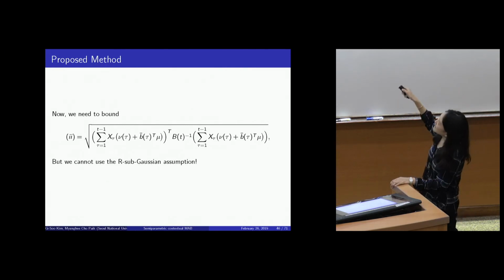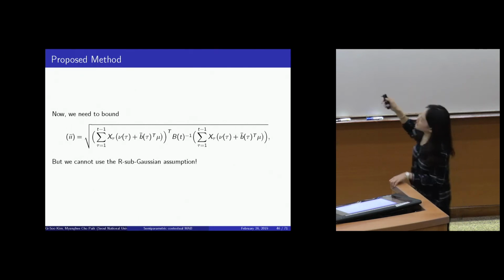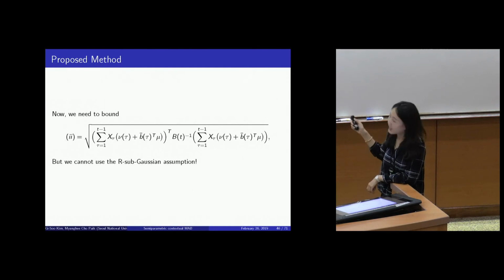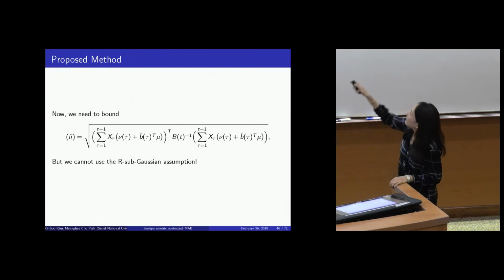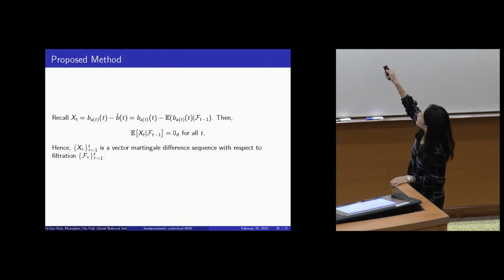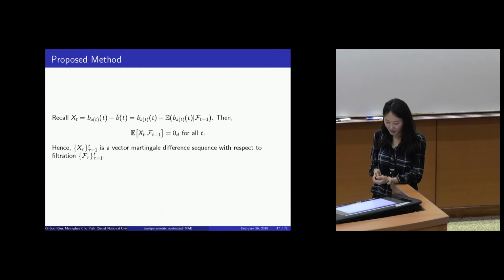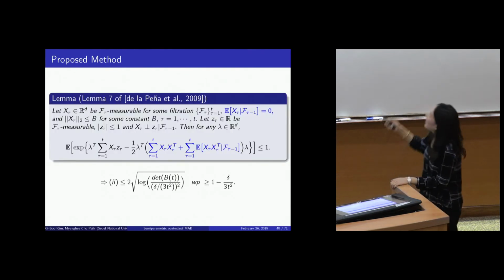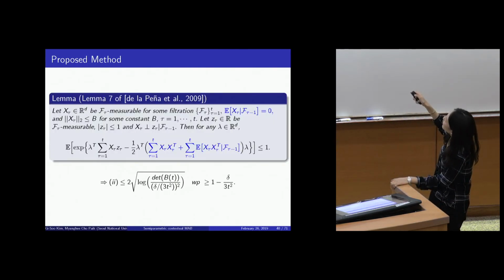However, in the second term, these terms are not R sub Gaussian anymore, so we cannot use the same technique. But the x tau here are vector valued martingale difference sequences. So using a slightly different lemma, we could obtain a similar inequality required to derive the bound.